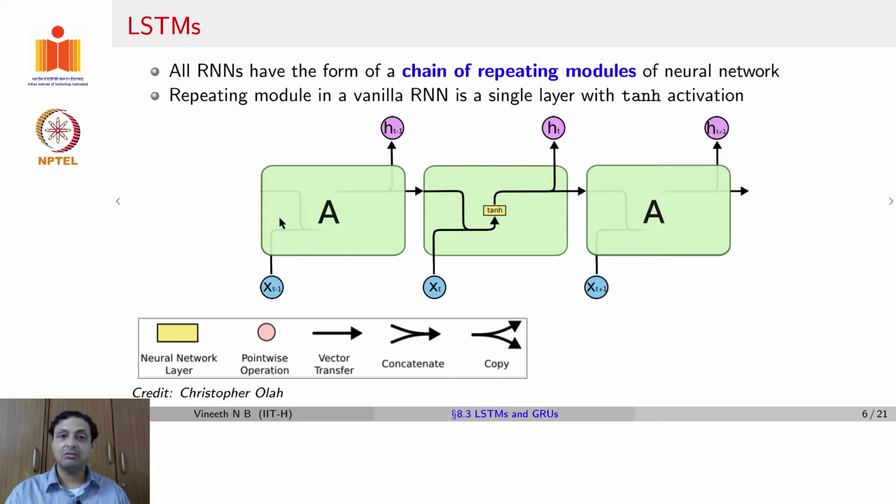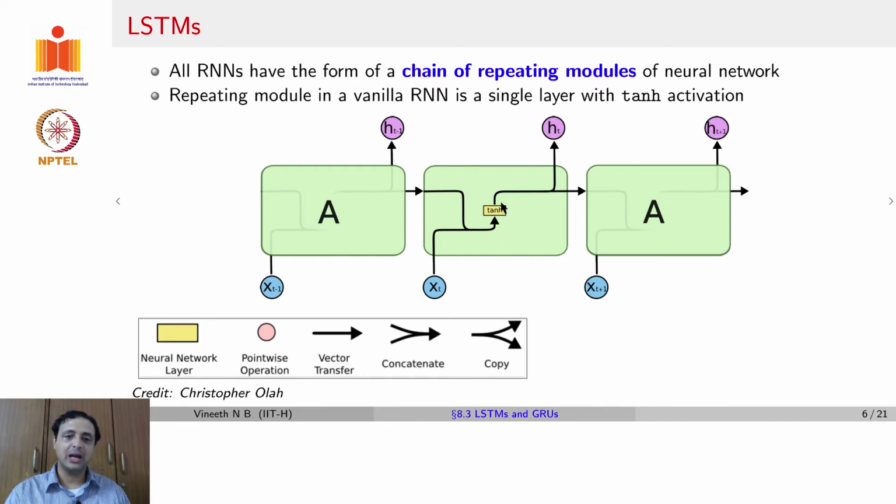In this diagram, you have an input x_{t-1} at time t-1, x_t at time t, and x_{t+1} at time t+1. What you see here is a single neural network layer which has a tanh activation function, and the input at a particular time step x_t as well as h_{t-1}, which is the output of the previous RNN block, is provided as input.